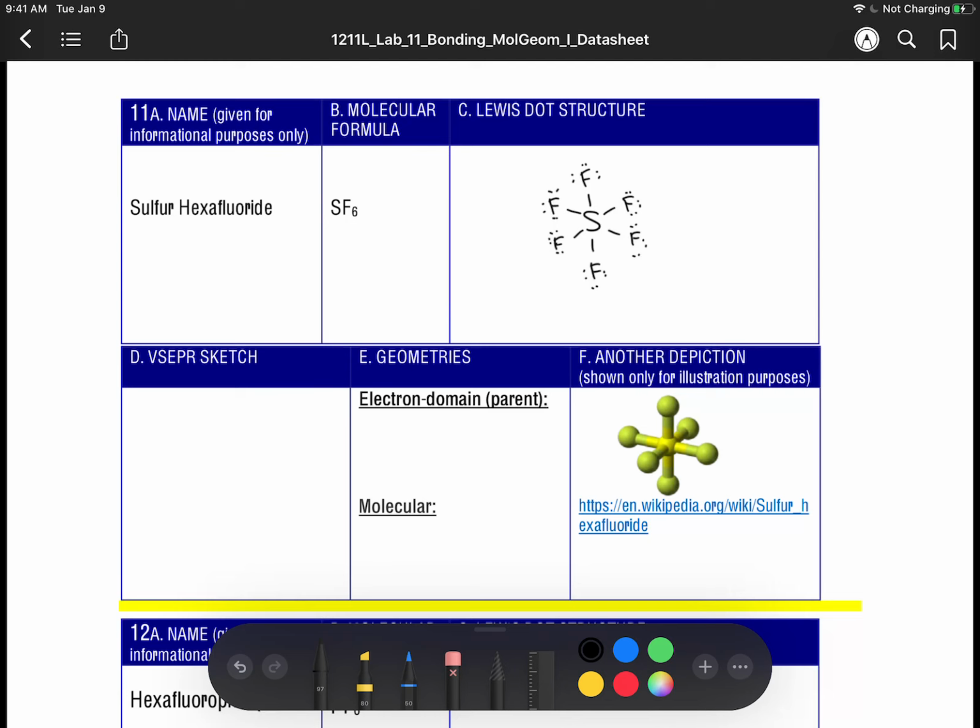And then this structure has 6 electron domains, so we know that our electron domain geometry in this case is octahedral. There are 0 lone pairs, so our molecular geometry is also octahedral.